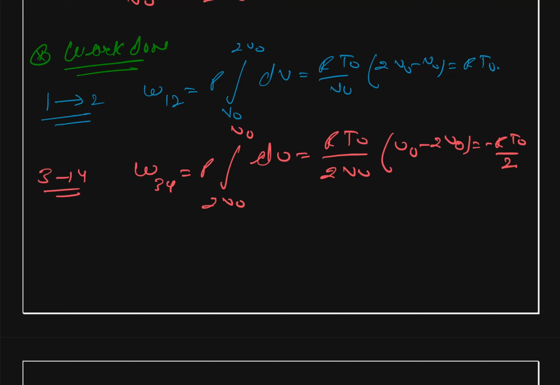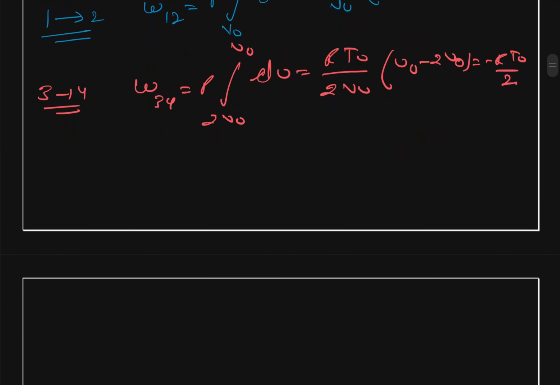Therefore, total work done W will be equal to W from 1 2 plus W from 2 3 plus W from 3 4 plus W for 4 1.